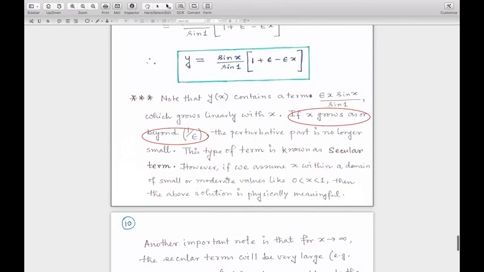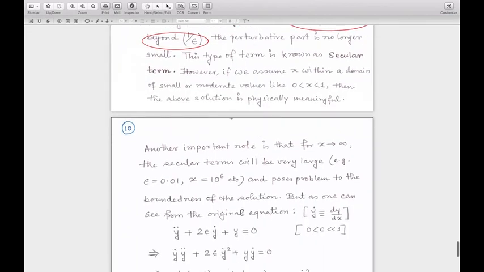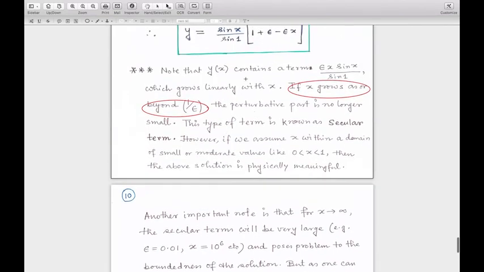And another thing is that if this is not the case, then there is a problem, because we cannot guarantee the smallness of this term. So only for this small or moderate range of x is the above solution physically meaningful.